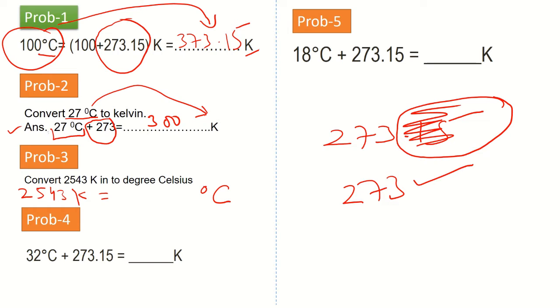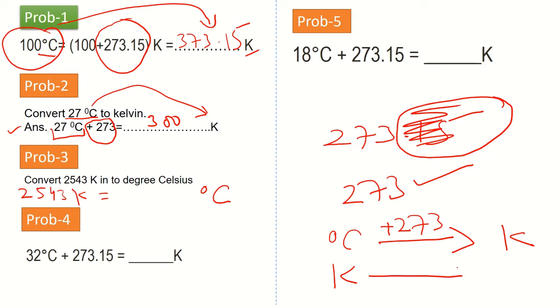Whenever you are changing degree centigrade to Kelvin, you have to add 273 always. But whenever you are changing the temperature from Kelvin, sometimes, according to the question, you have to change it to degree centigrade. In this case you have to subtract this number, 273.